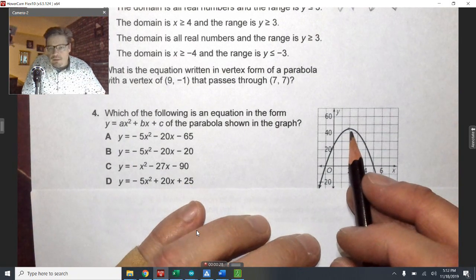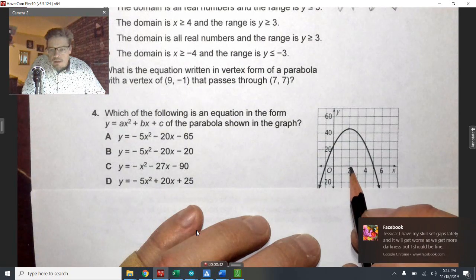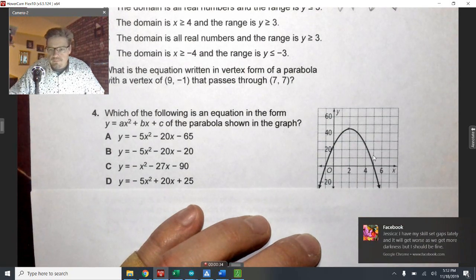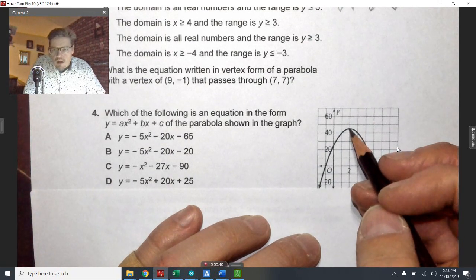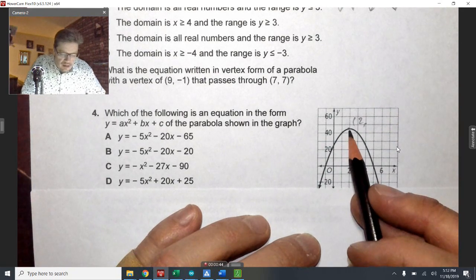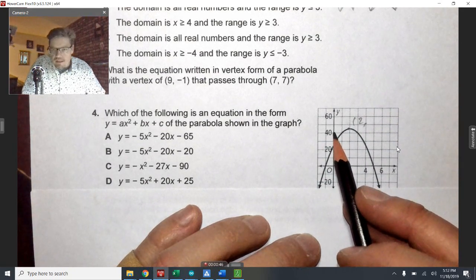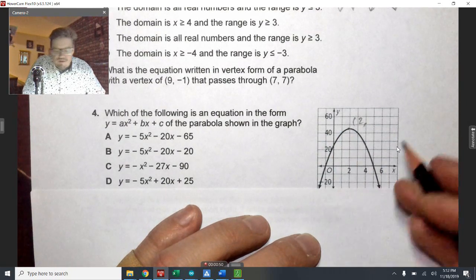Looks like we are going over, looks like we are at 2. And we go, let's see, it goes by 20, so that is 45.